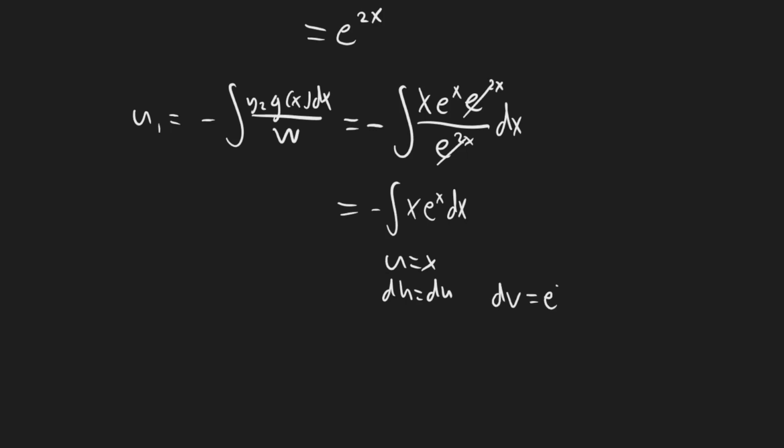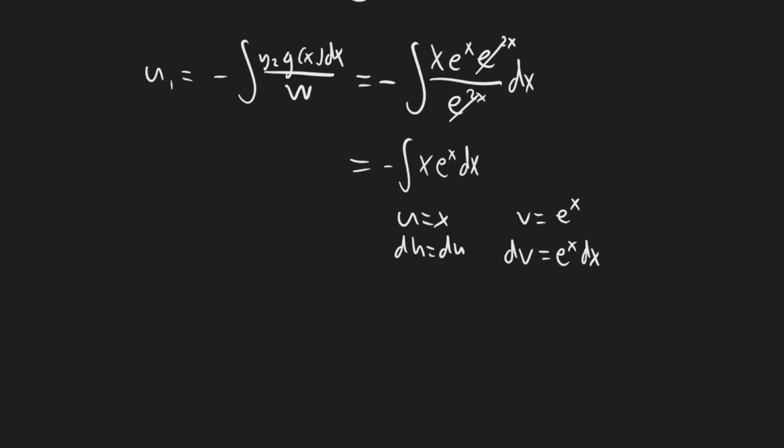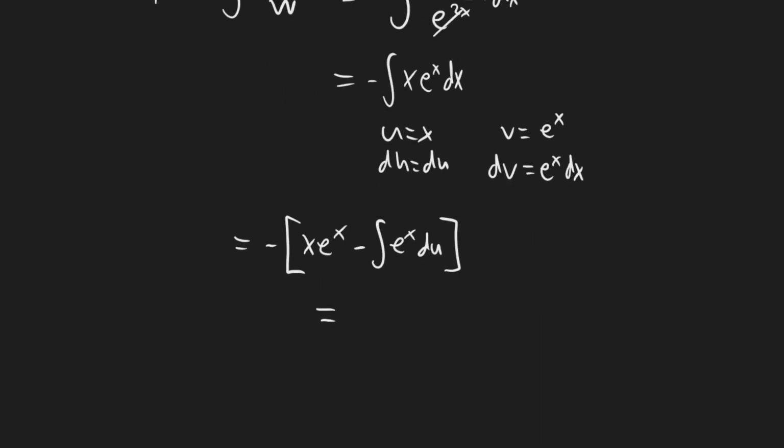Well, that's going to be an e to the x dx, and so then v is just going to be e to the x. So this whole integral becomes the negative integral of, well, uv, so x e to the x, minus the integral of v du. So that's just going to be an e to the x times dx, like so. So what does this actually end up as? A negative x e to the x, and then a plus e to the x here.